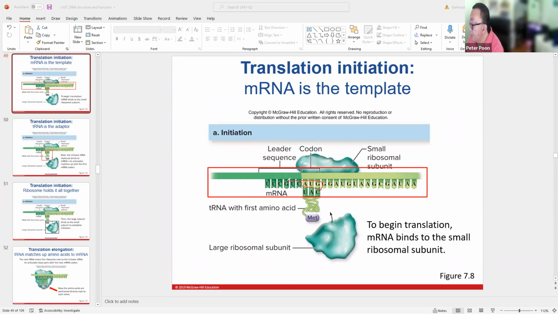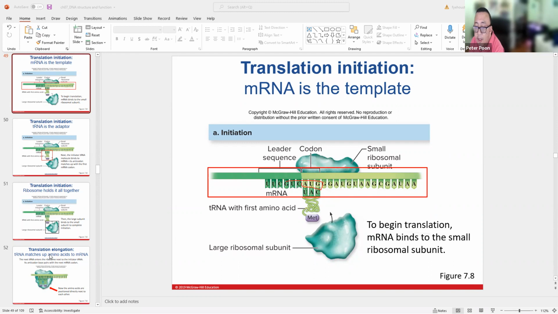That's where it knows how to start. The AUG will bind to tRNA, the first amino acid, and the ribosome will clamp on.